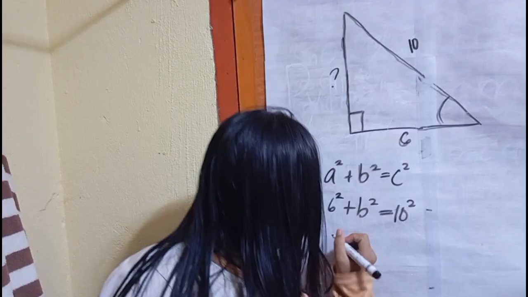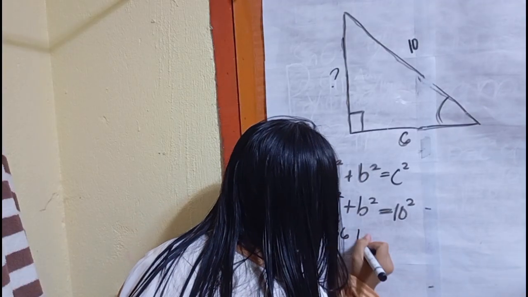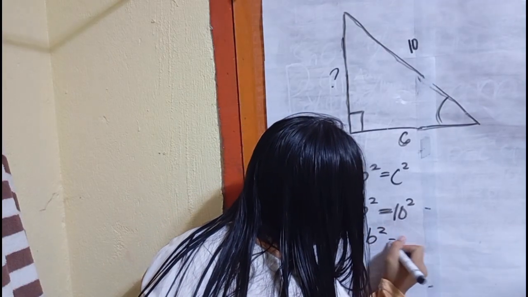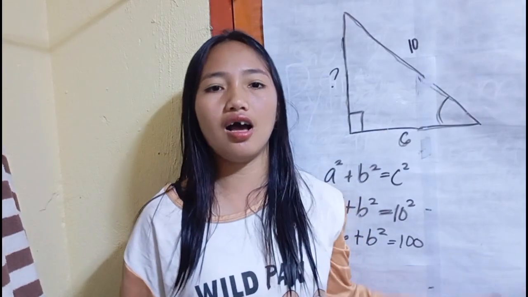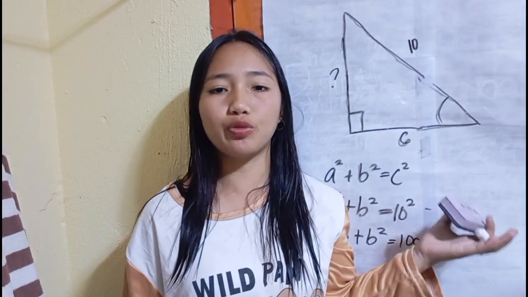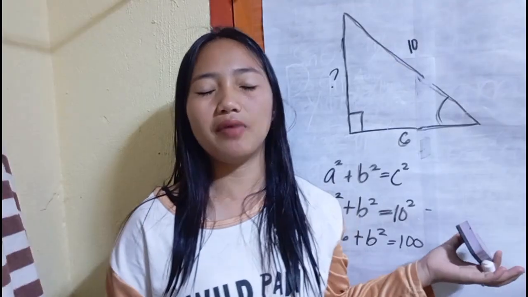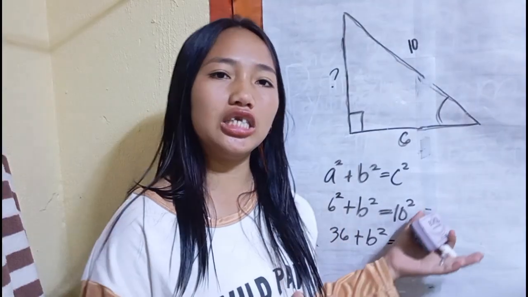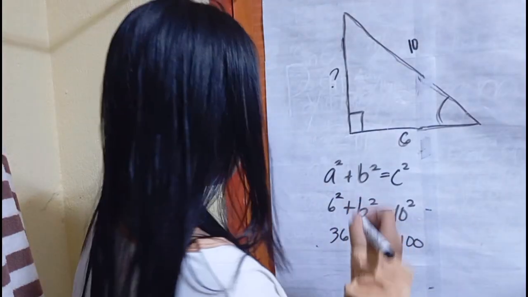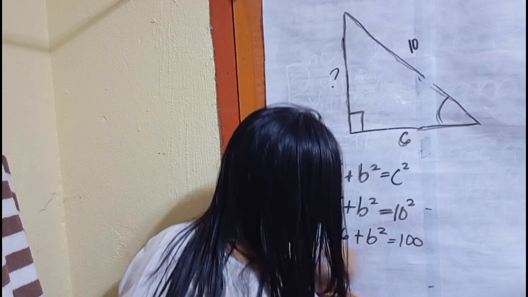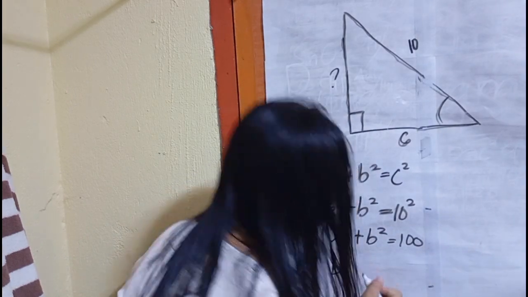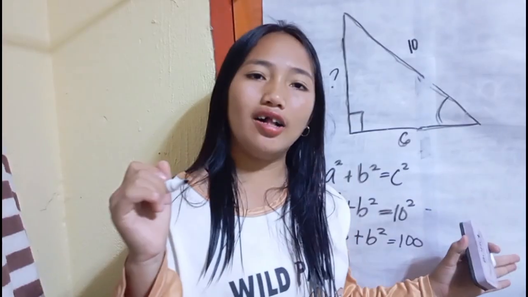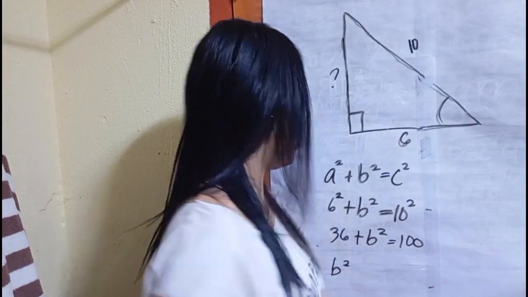So, 6 times 6 is 36, plus b squared equals 100. And isolate b squared by subtracting 36 from both sides. B squared equals 100 minus 36.